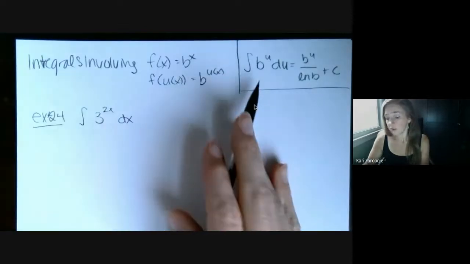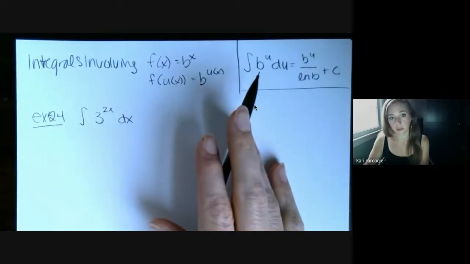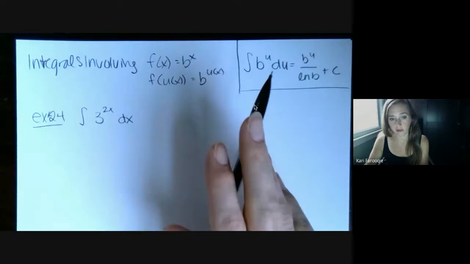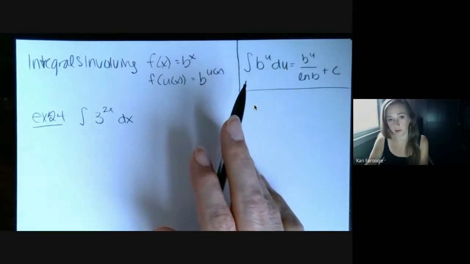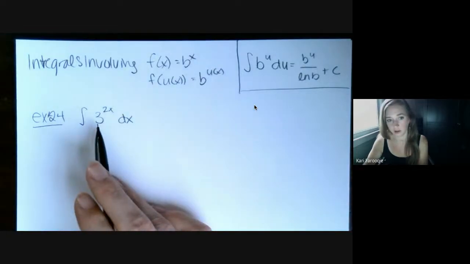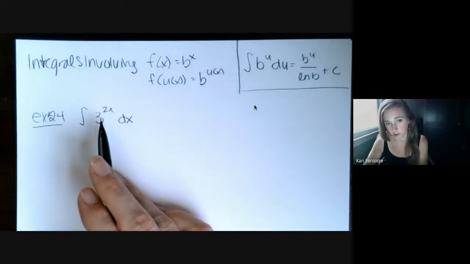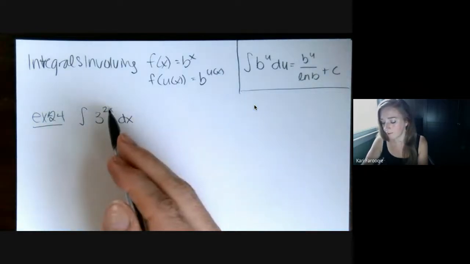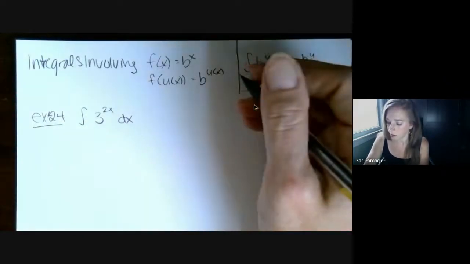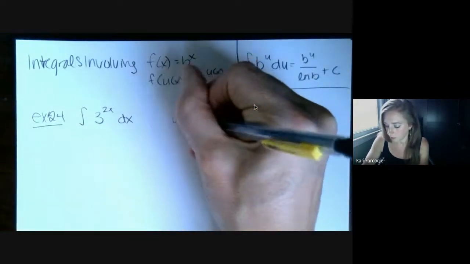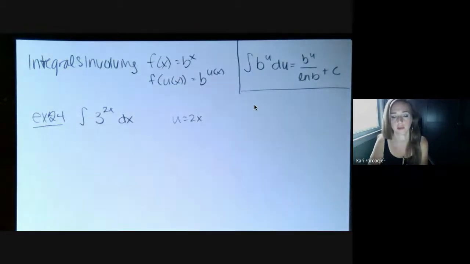So we're referencing this formula. b is just your base. That's not a variable. So this is not when you're taking a power of a function. This is when your base is some sort of constant value, not e, and your exponent has a variable in it. So we're going to let u be 2x because that is the exponent in our case.